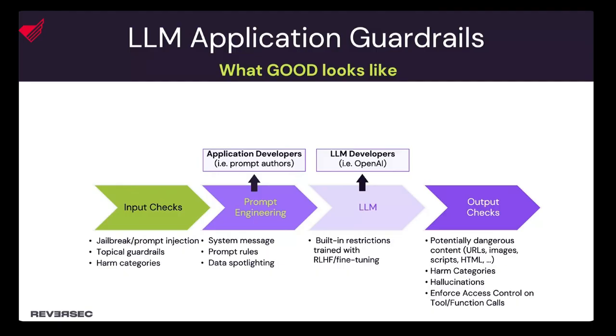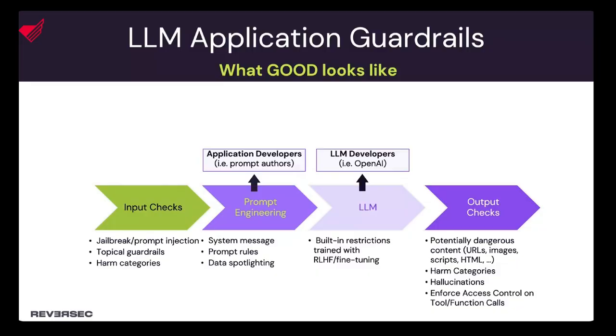And there are prompt engineering techniques that can reduce the attack surface, that can make the LLM more aligned to what we're looking for and less susceptible to attacks like the one that I showed you before with a prompt injection.